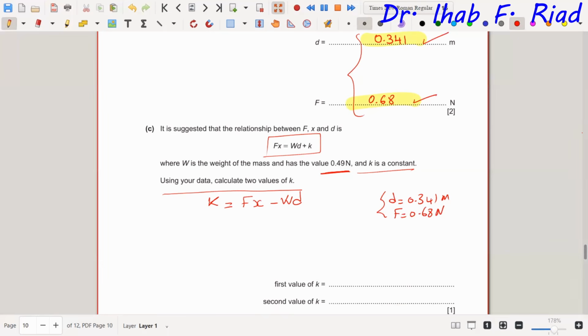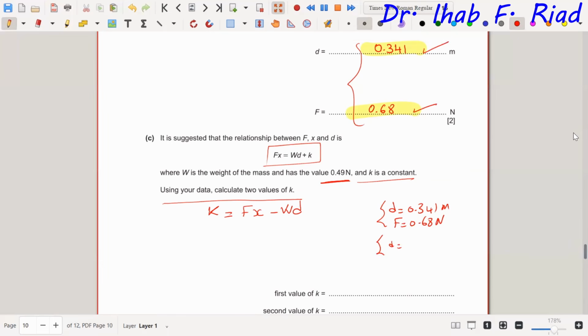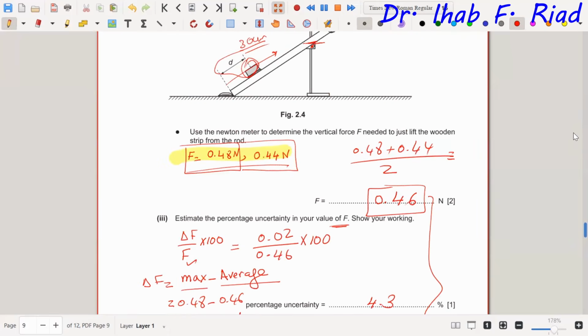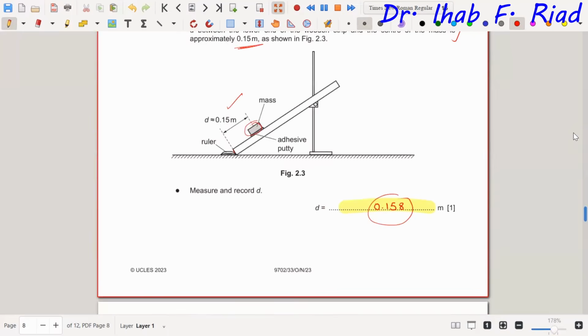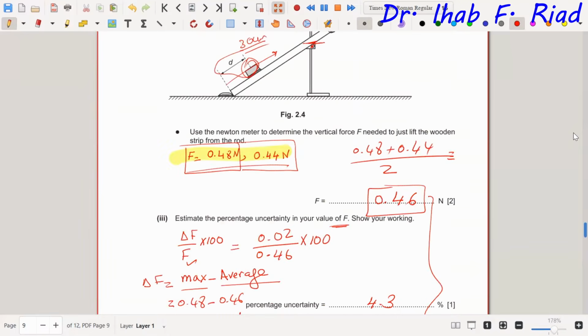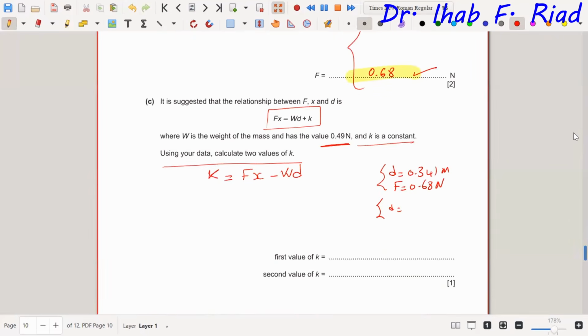This is one set. Another set, D is 0.158 meter and F is equal to 0.46 Newton. Is that okay?